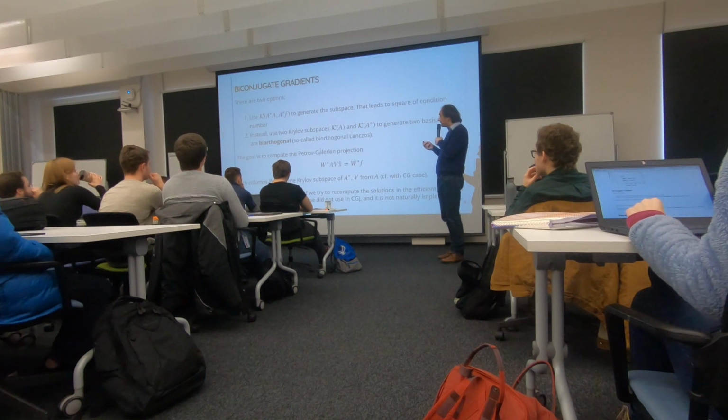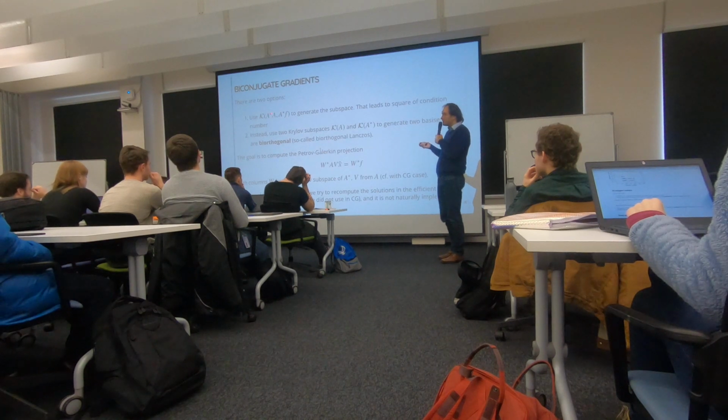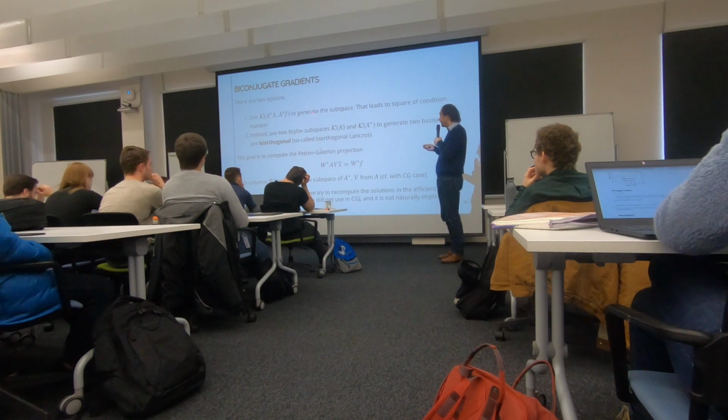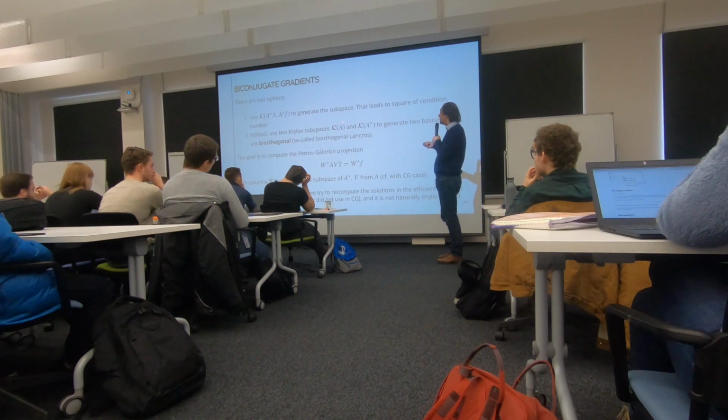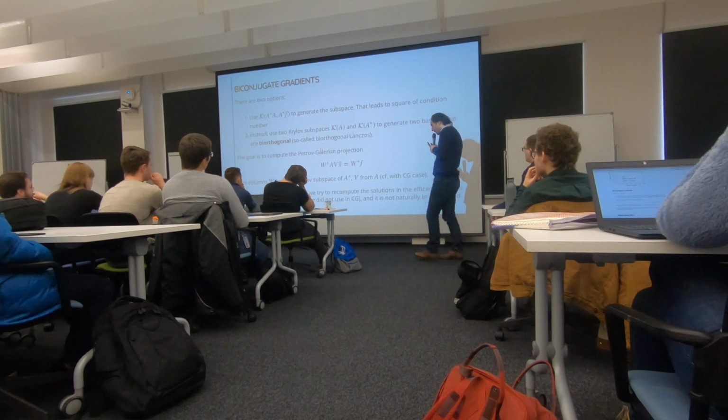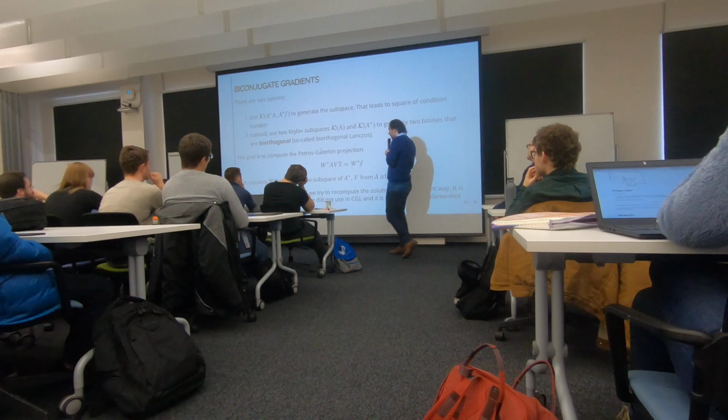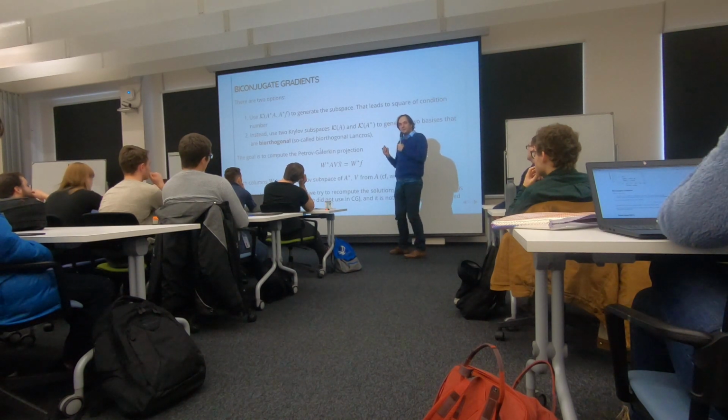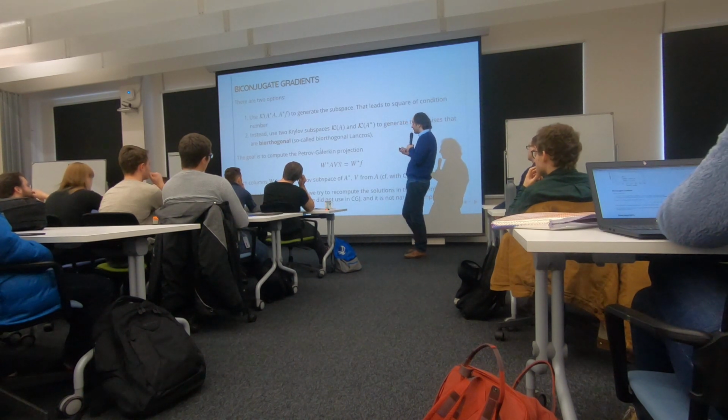What you can do instead, and okay, in order to multiply this matrix by a vector, you need to multiply by A and you need to multiply by A star. What is a good idea? A good idea is that instead of using one Krylov subspace, we can use two Krylov subspaces simultaneously.